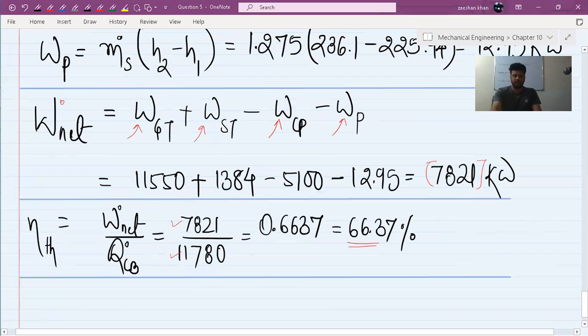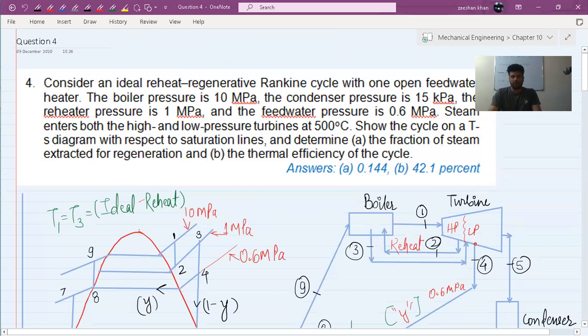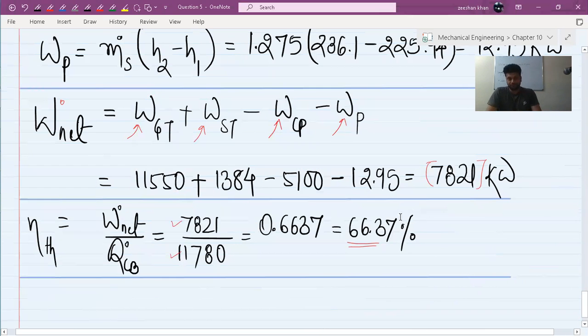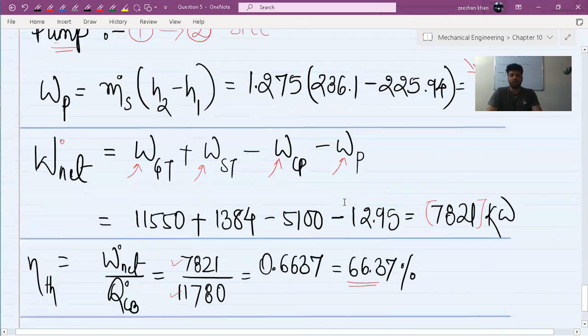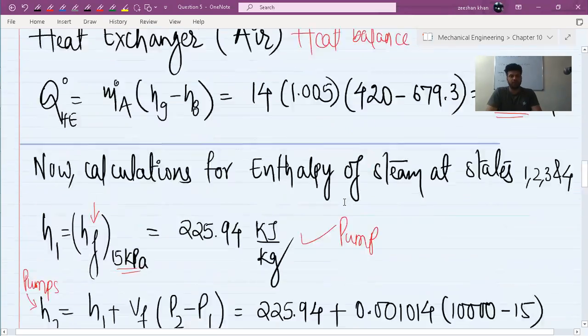I think in the last lecture we saw that it was around 42%. So this is a highly efficient cycle right here, 66%.